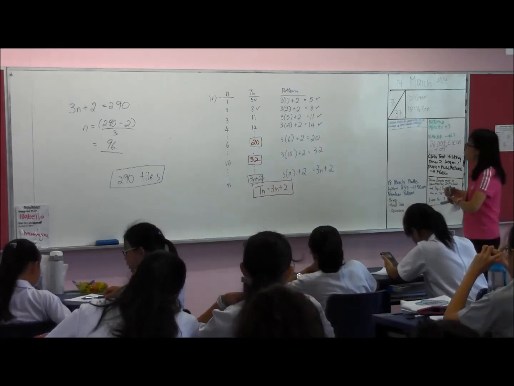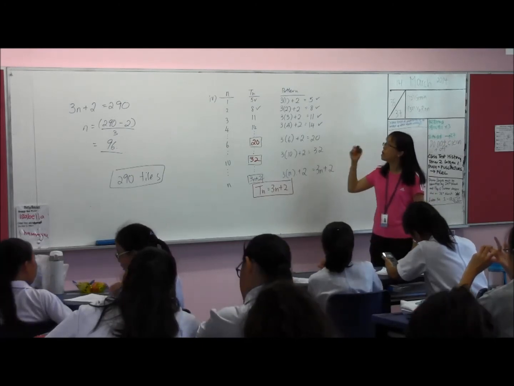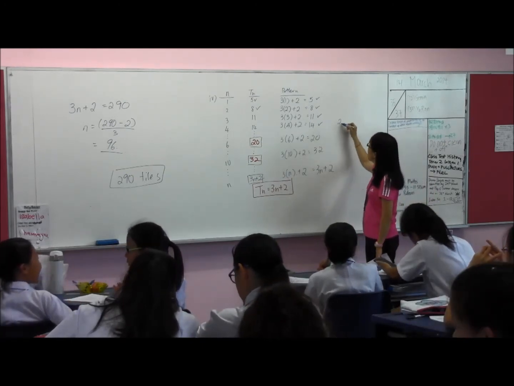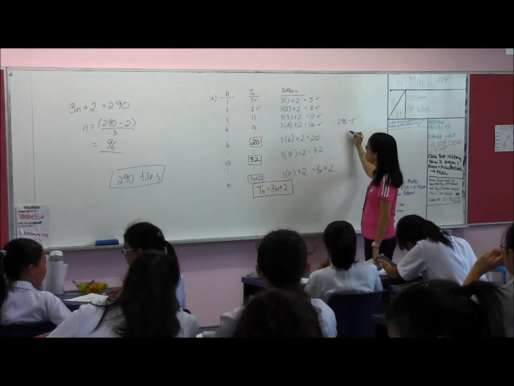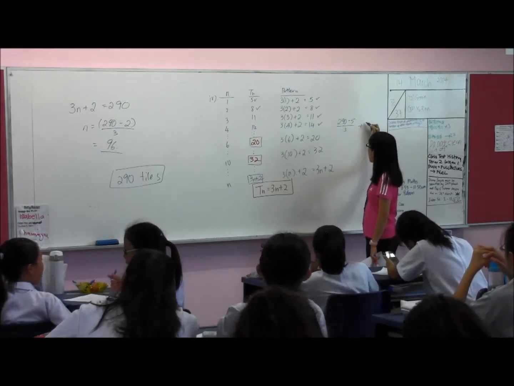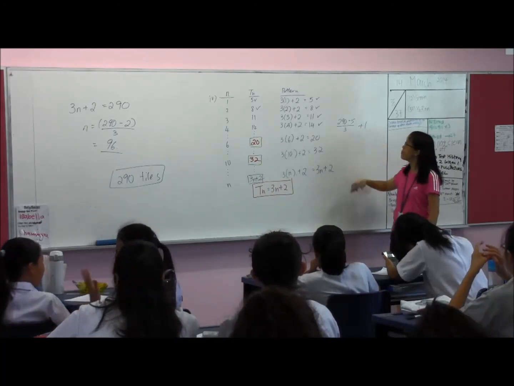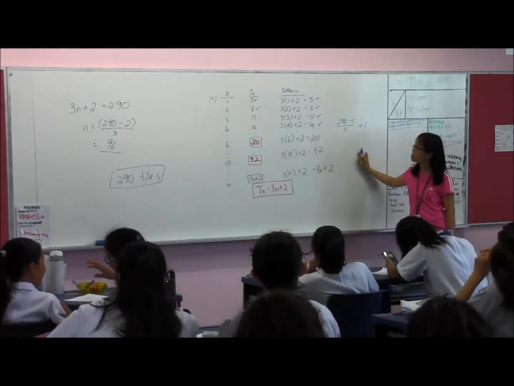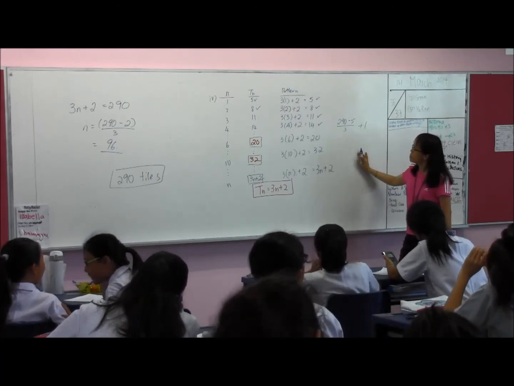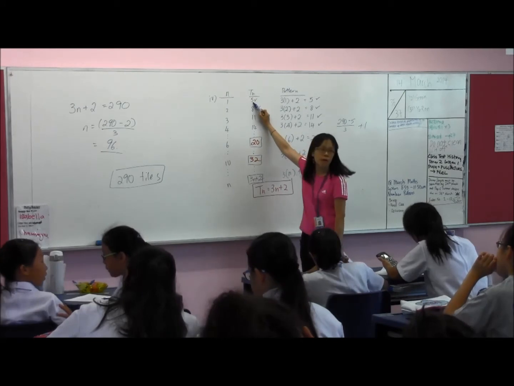So how do you write that? 290 minus 5, divided by 3, then plus 1. How do you get this from here? Actually it's the same. So when it's 5, you take 5 minus.